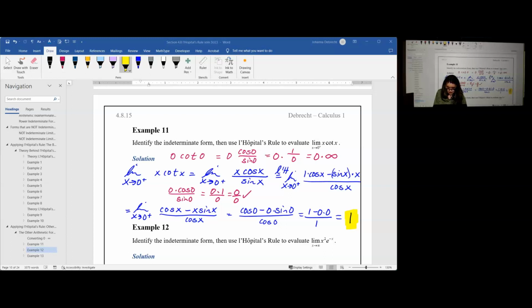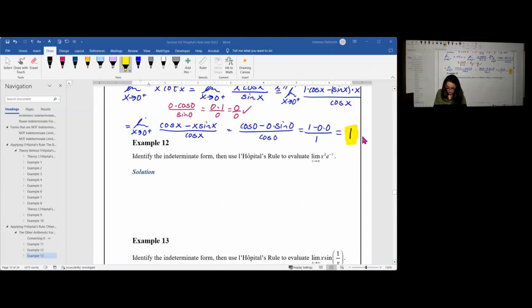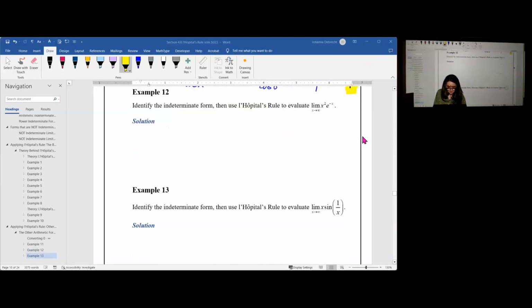Let's now turn our attention to example 12 and 13. In example 12, I have the limit as x approaches infinity of x squared times e to the negative x. X squared goes up forever, so it's approaching infinity.